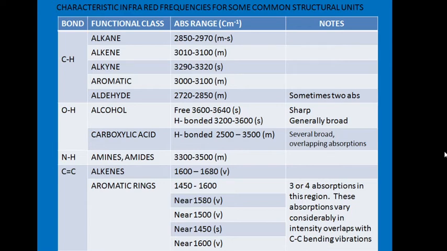In which region does that particular functional group absorb? That is very important. Infrared spectroscopy is useful in order to determine the functional groups which are present in the molecule. IR gives us information regarding functional groups which are present in the molecule.